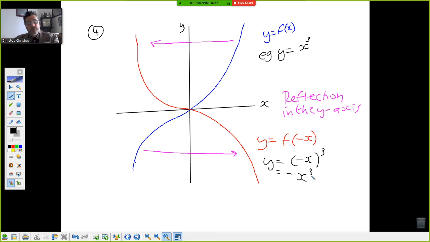I told you this was all going somewhere, and it's coming to this. This is it. So what's happening? So there's my x cubed function. Here's my transformed function, which is a reflection in the y-axis. So what I'm trying to show is this little blue branch here gets reflected in the y-axis and goes over there, and this little blue branch here gets reflected in the y-axis and goes flying over there.